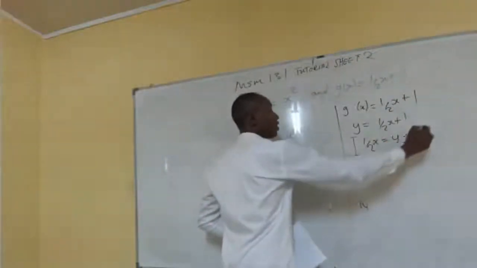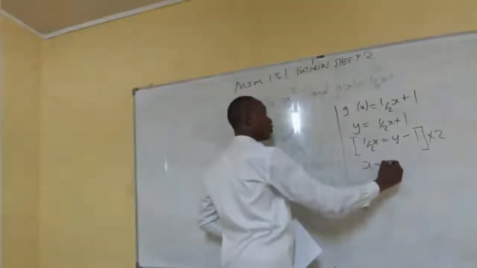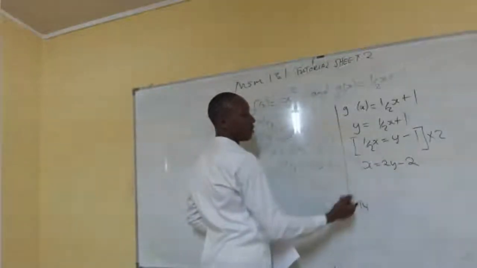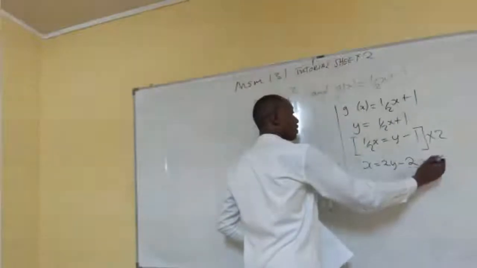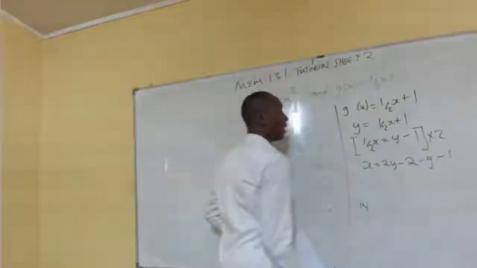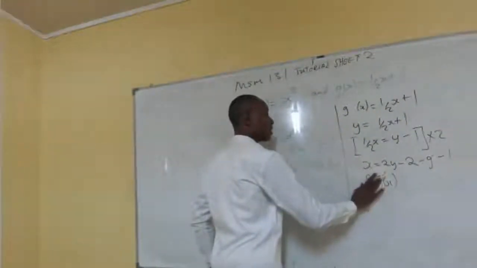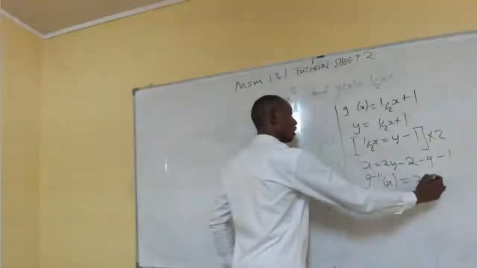Then I want to get rid of the 2, so I multiply throughout by 2. Then we have x equals 2y minus 2. This one here is what we call g inverse. So g inverse of x is therefore equal to 2x minus 2.